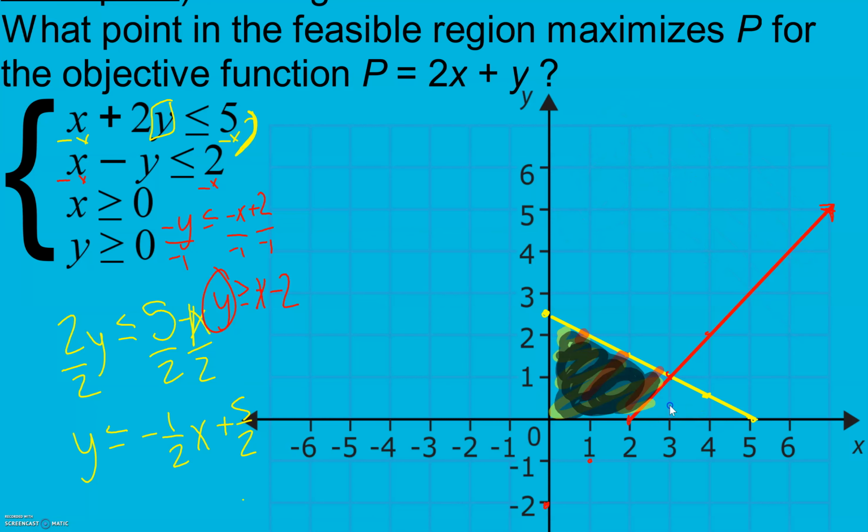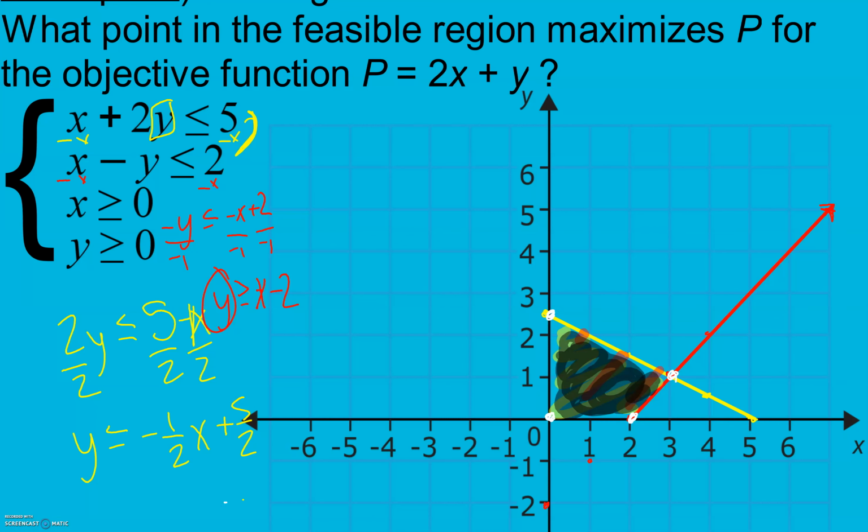Now that we have our feasible region, we're going to pick our vertices out. Those are the points that are going to have to be tested in our objective function. Here I have 4 of them. And again, those are the corners or the places where our shape changes direction.